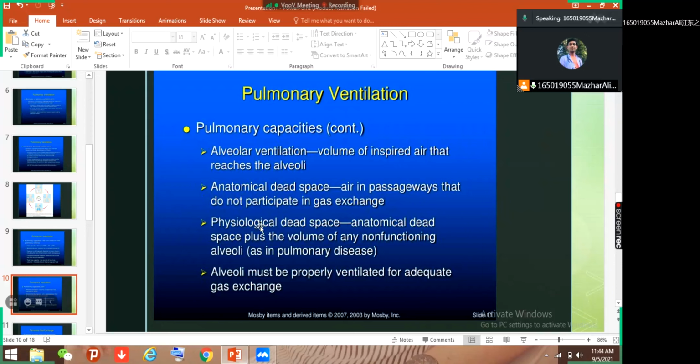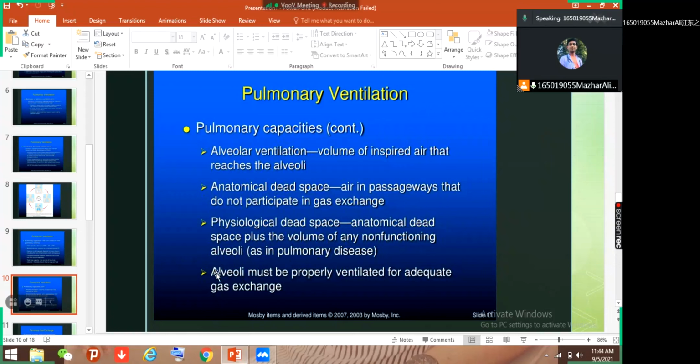And what's the physiological dead space? It is the anatomical dead space plus the volume of any non-functioning alveoli. The dead space plus non-functioning alveoli, we call physiological dead space. That happens in pulmonary diseases like pneumonia, bronchitis, tuberculosis.